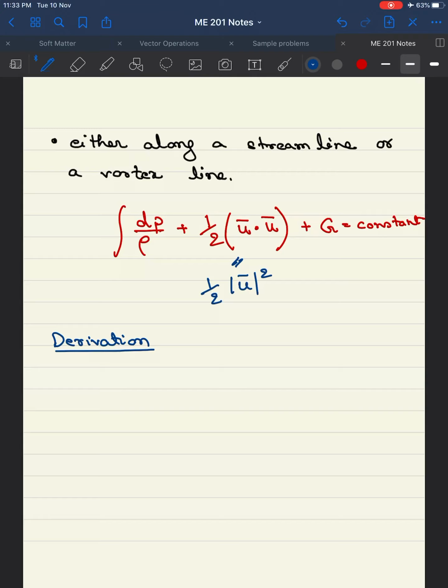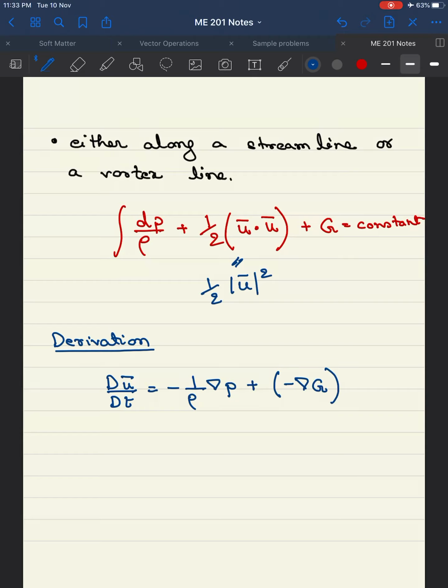So let us start with the Euler's equations. The Euler's equations are the momentum transport equation, but there is no viscosity, so that term is gone, and then here you have a plus a body force term which we are going to represent as the gradient of a scalar.